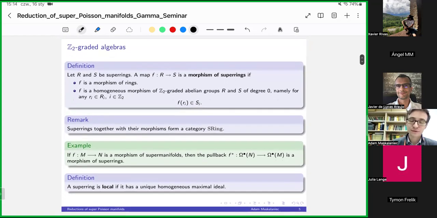Do you think about any other specific examples? There are others. For example, you can think about the Hodge star operator in the case of a manifold that is even dimensional. It maps even to even, odd to odd. This is one of the ones you can think of.